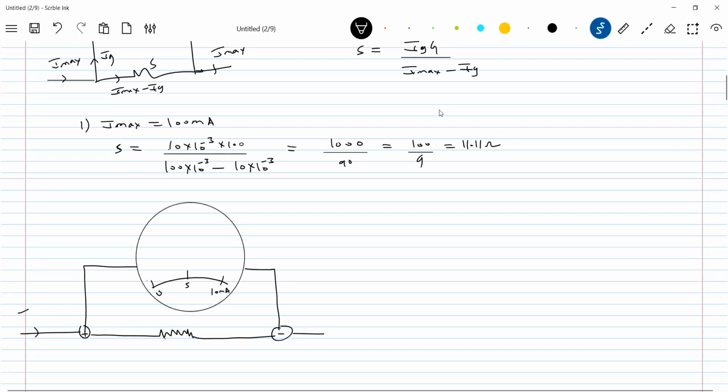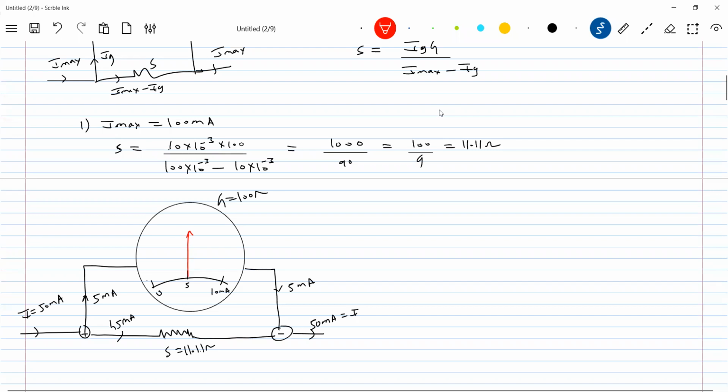Let me pass a current of, say, 50 milliampere. Then how much will flow? 5 milliampere will flow here, because the value of the shunt resistance has been chosen so that 5 milliampere flows here. The remaining 45 milliampere will flow through the shunt. You know the current divider formula, and the same 5 milliampere will come back, making 50 milliampere. If 5 milliampere flows, the pointer will be at 5 milliampere. This will be the position of the pointer.